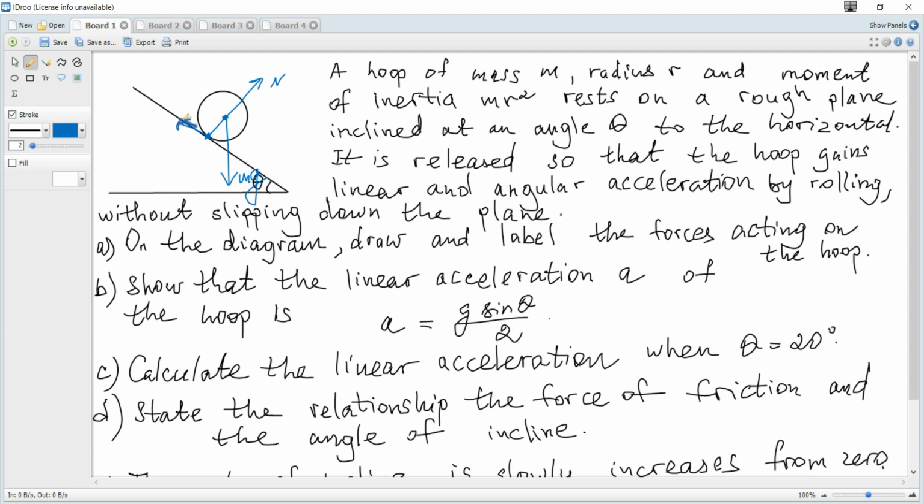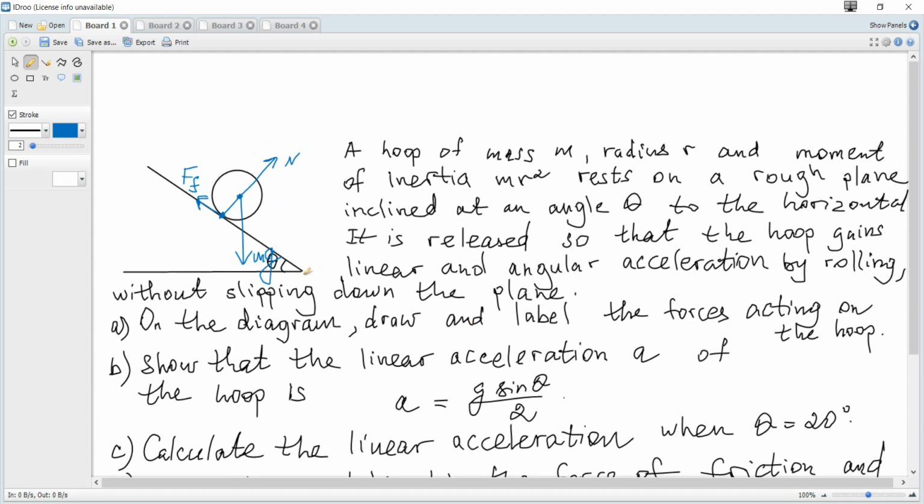And again, since there is acceleration downwards, the component of mg parallel to the plane must be longer than the frictional force. Label this, for example, F frictional. And that's all.